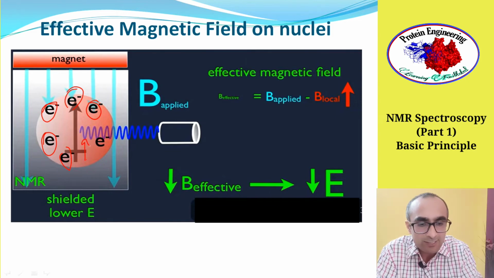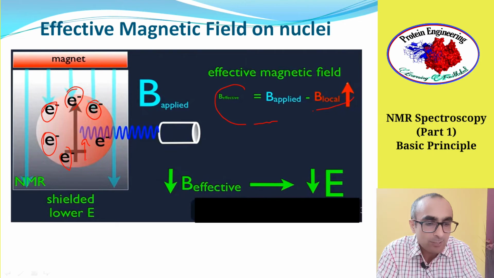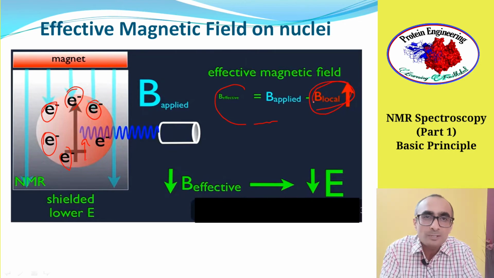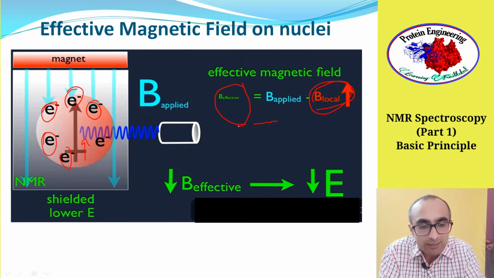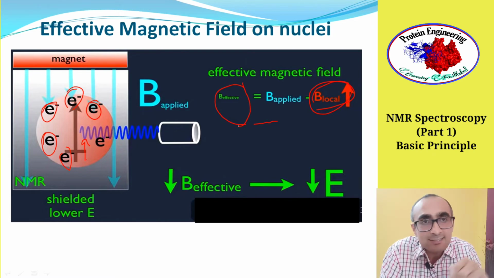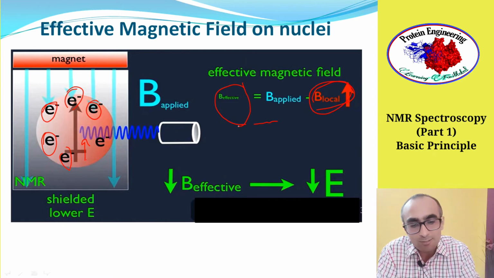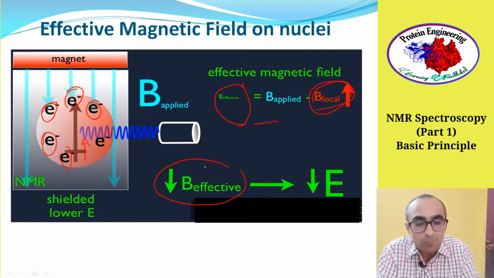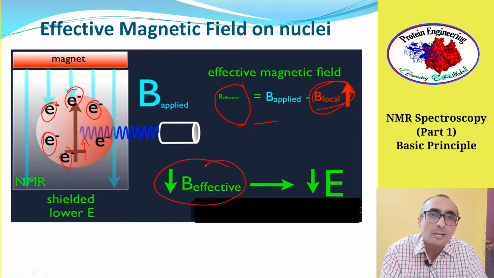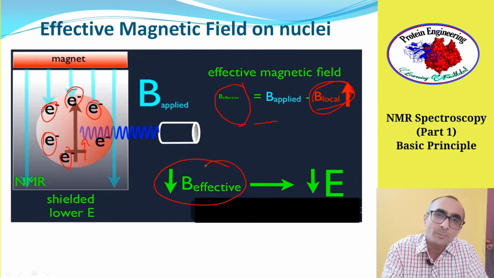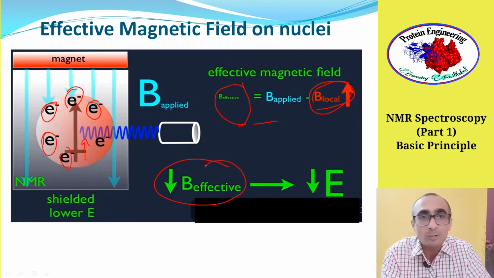So B effective here would be B applied minus B local, but B local has some value here due to the presence of the electronic cloud in the neighborhood. That's why the B effective in this case would be less than B applied. So less B effective means this proton will absorb less frequency, less energy in order to convert into the beta spin state, or what we call to attain the magnetic resonance.